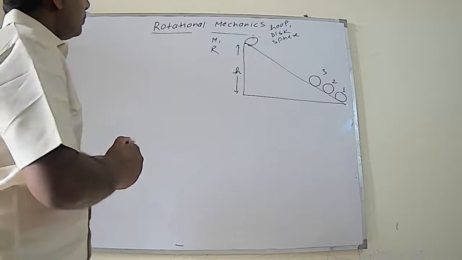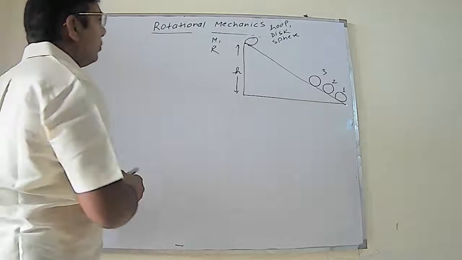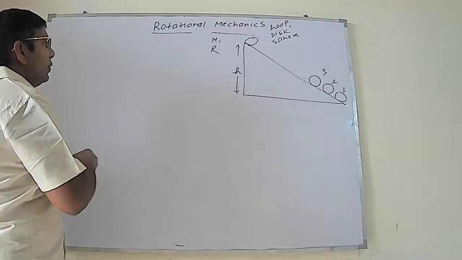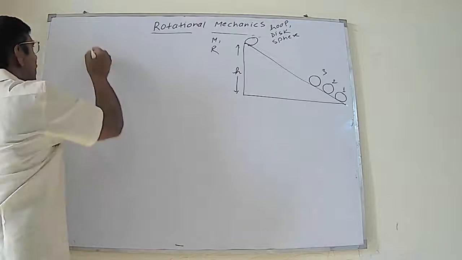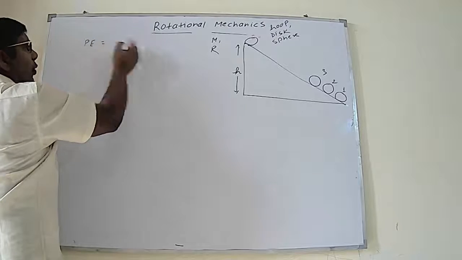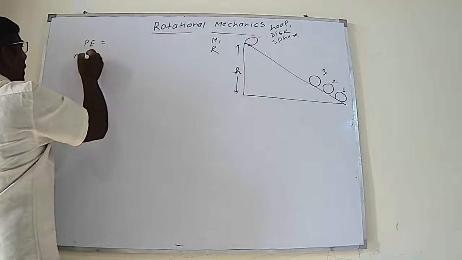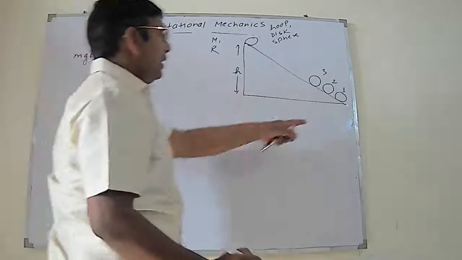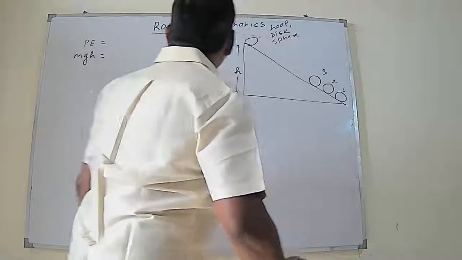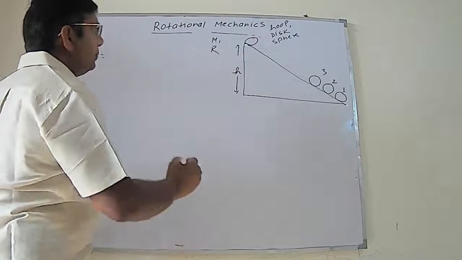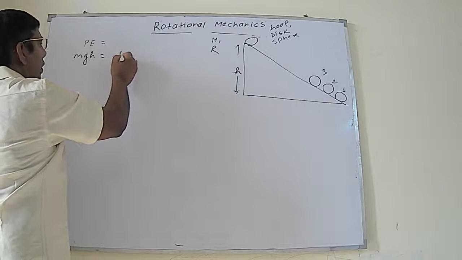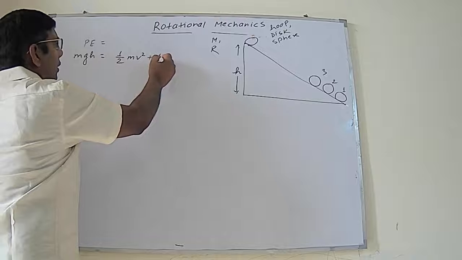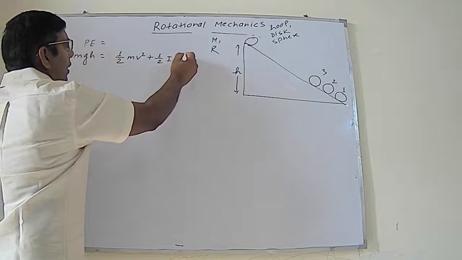What will be the energy here? The potential energy at point 1 will be mgh, because the height is h. At the bottom point, the kinetic energy will be half of mv square plus half of I omega square.